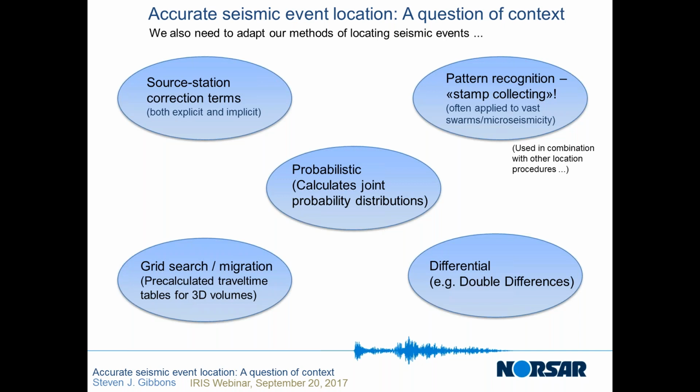But what might often happen is, even though we only have two or three seismograms, we can say, well, we don't know where it was, but we know that the waveforms are almost identical to this other event, which we have located well. In this way, we can use characteristics of the seismograms to locate them, just putting them in context.